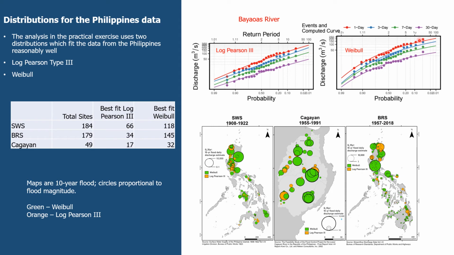An issue here is that the largest flood on record plots above the Weibull distribution. Here it plots exactly on the log Pearson type 3, and we are always interested in the largest floods on record. How important is it that this is slightly above the predictions, whereas for the log Pearson type 3 it's much closer? And that's something we could look at in a more detailed analysis of the data if we needed to.